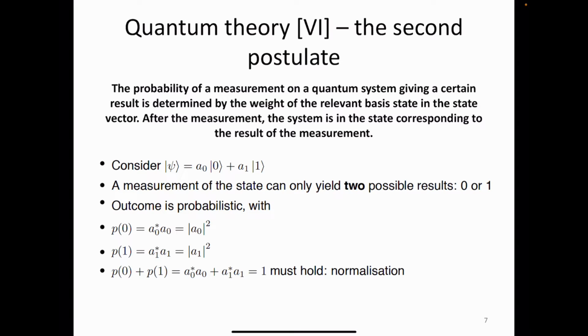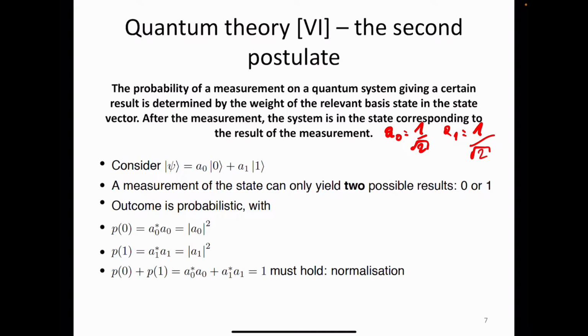The example that we used before was just an equally weighted superposition. So I will, as an example, just write down a sub 0 is 1 over square root of 2. And a sub 1 in the case that we had before was also 1 over the square root of 2. Okay, but these are just examples. So it could be anything given the condition that both squared sum to unity.